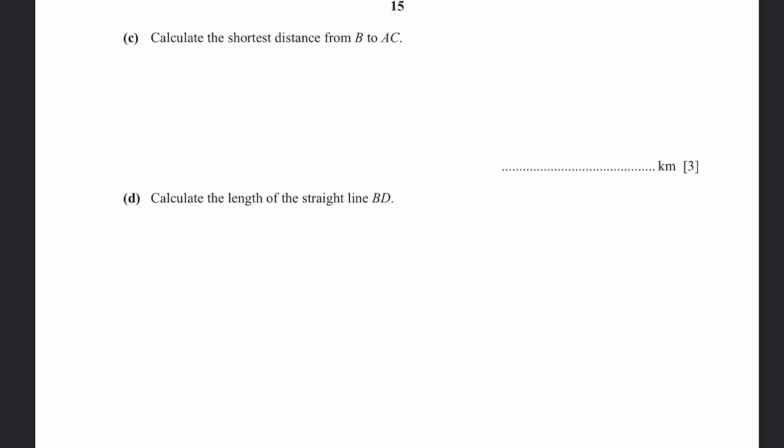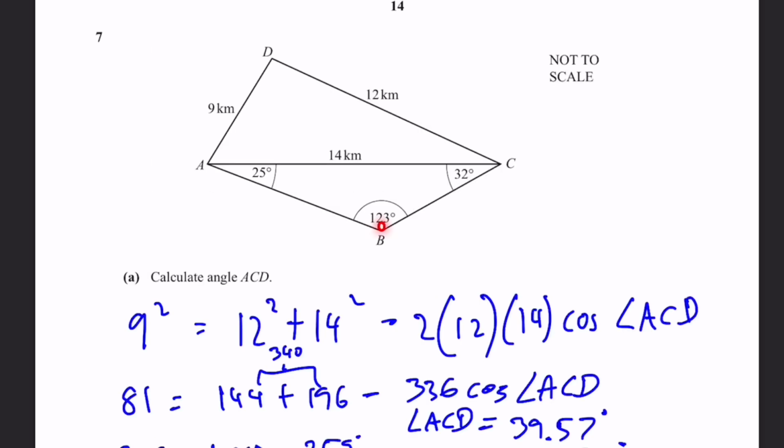C. Calculate the shortest distance from B to AC. So we have the point B and we have line AC. So we need to find the shortest distance, which means a straight line perpendicular to line AC. So now we have the side BC, 7.05, and we know that this is perpendicular. So we can find this side because this is a right angle triangle.